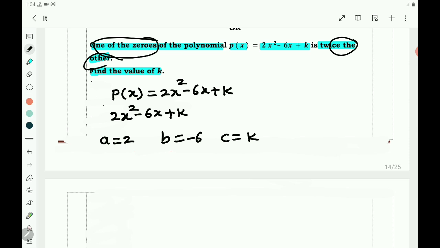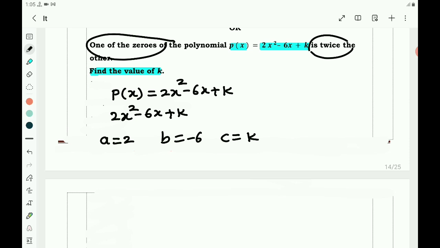And it is given that one of the zeros is twice the other. So if we take one root as alpha, then the other root becomes 2 alpha. Twice of the alpha means 2 alpha. Then you take, let alpha equals alpha and beta equals 2 alpha, where alpha and beta are the notation for the zeros.